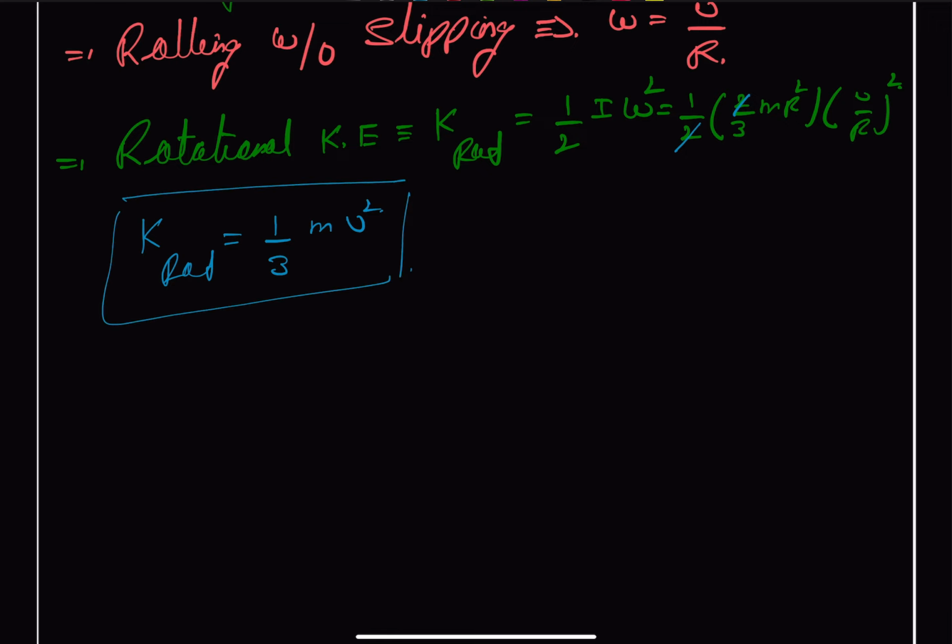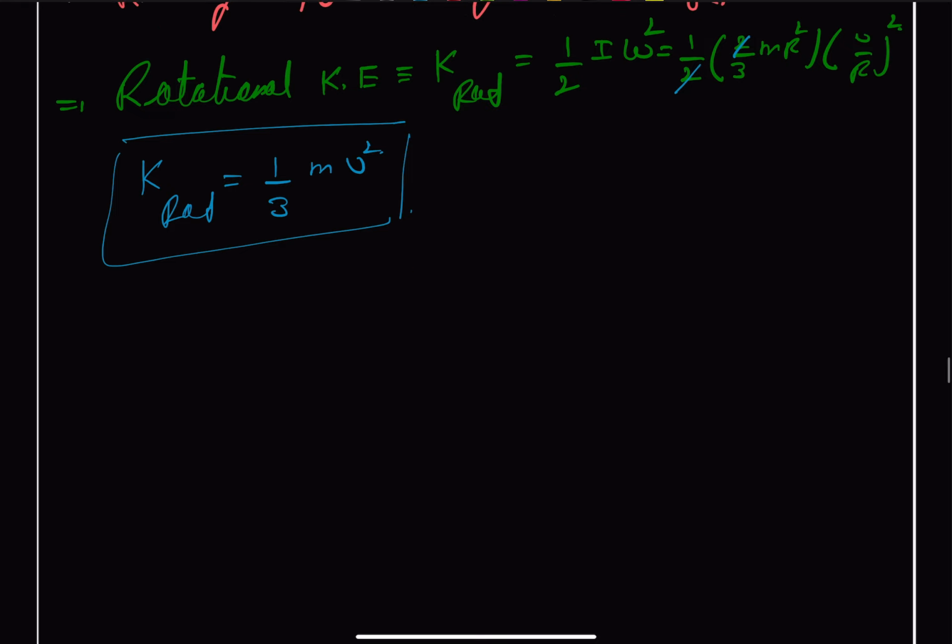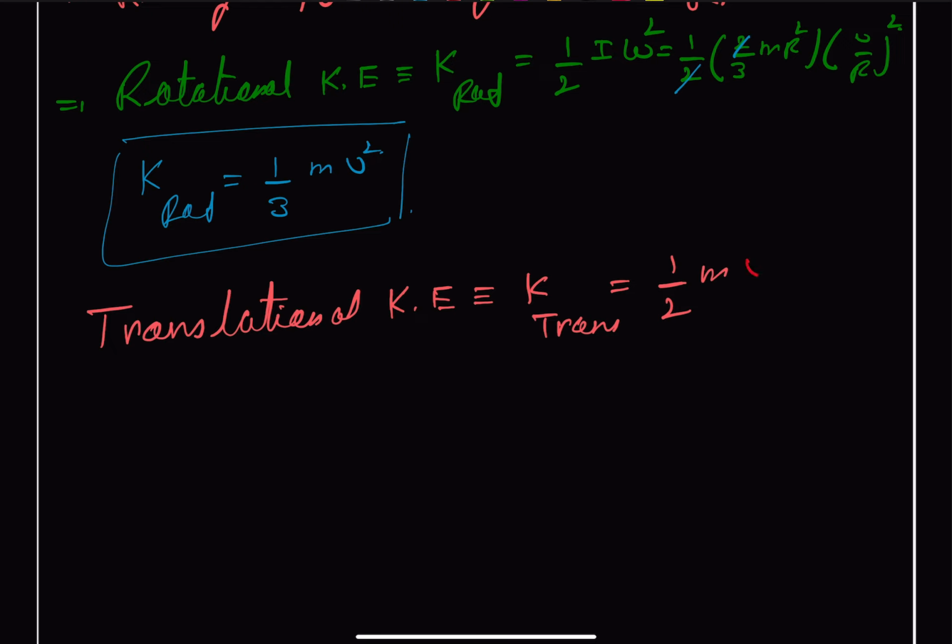And another energy that will be associated is translational energy. So translational kinetic energy, let us call this K trans, will be equal to half m v square.